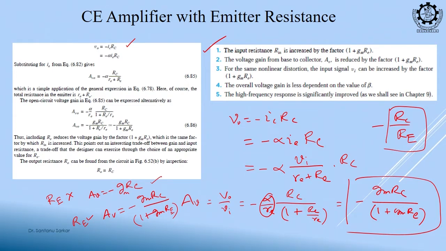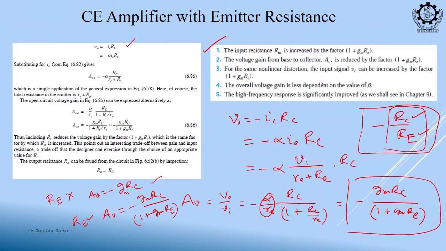Suppose you want to design a common emitter amplifier with a gain of minus 5. Now, temperature is changing. So, your minus 5 will always change, right. Sometimes it will be 5.5, sometimes it will be 4.5, you have no control. But if you have a gain which is a ratio of resistances, then if this resistance is increasing, maybe this resistance will also increase, but their ratio will remain constant. So, now you have a very tight control.